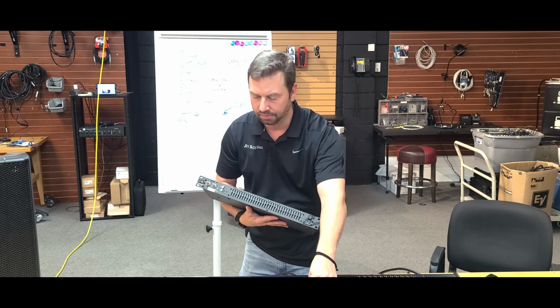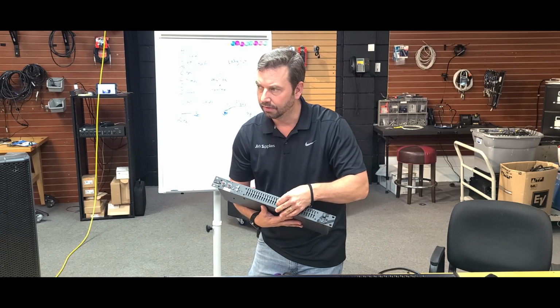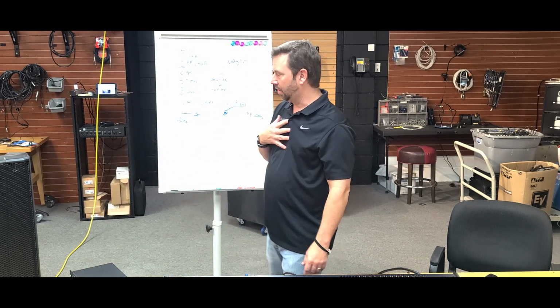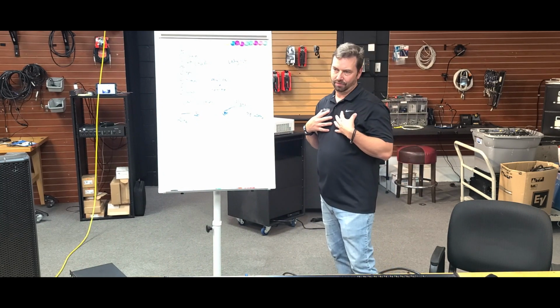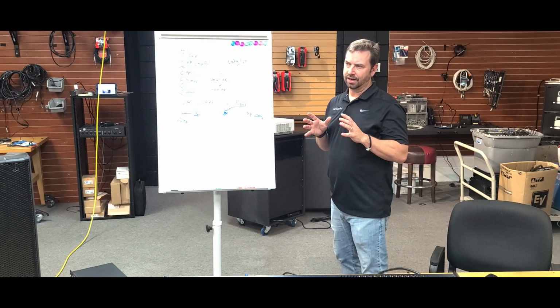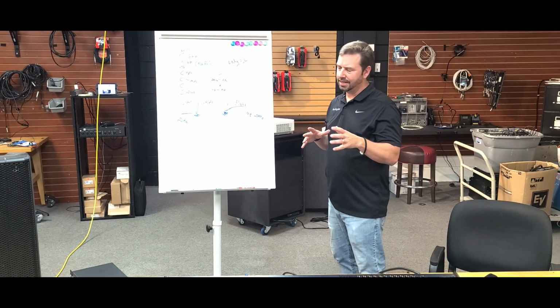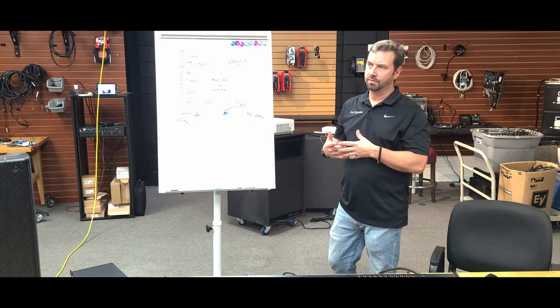When I turn the knob the other way, it's cutting it, sweeping it out like that. A lot of what you're doing with a semi-parametric, a lot of times I'm cutting frequencies, because the room may have a frequency that's real dominant, and it sounds kind of nasally or something like that. I find myself cutting frequencies more than I'm boosting them.